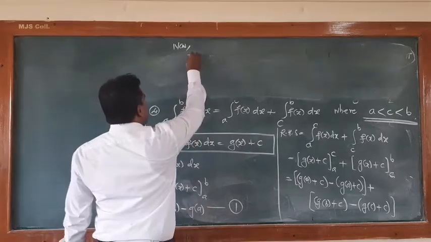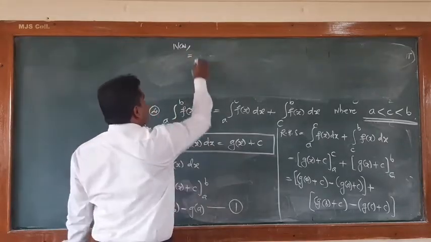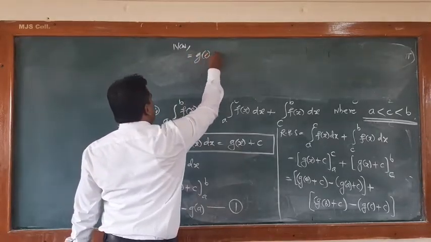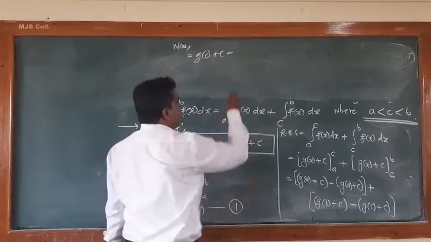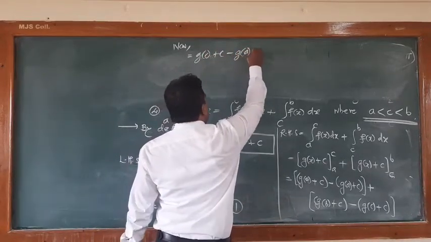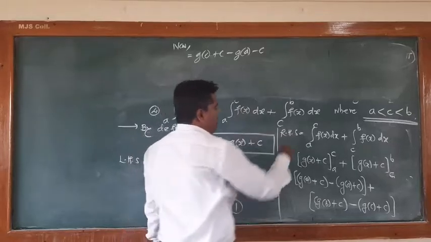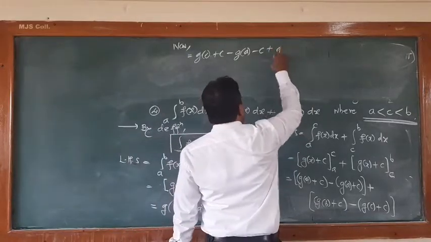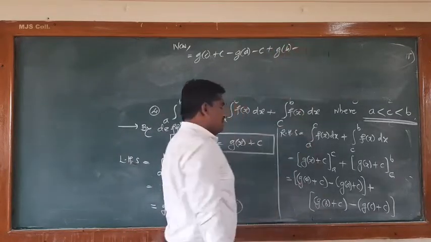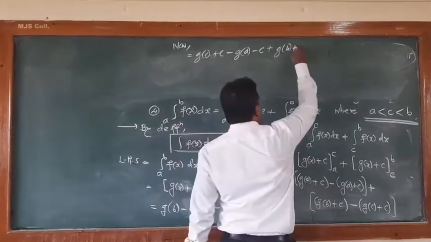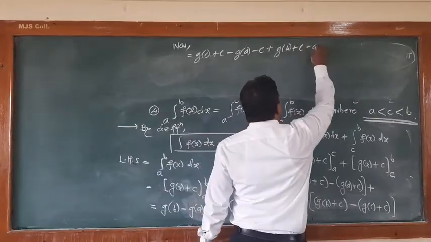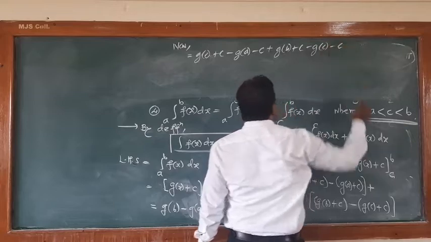By rearranging, g of c plus c minus g of a minus c plus g of b plus c minus g of c minus c.